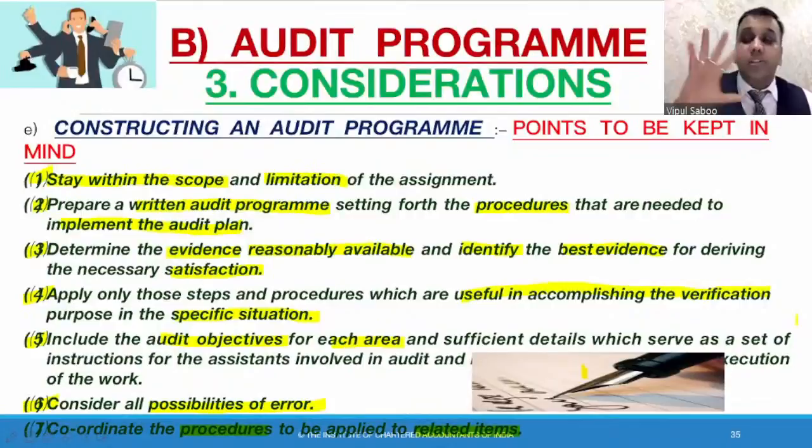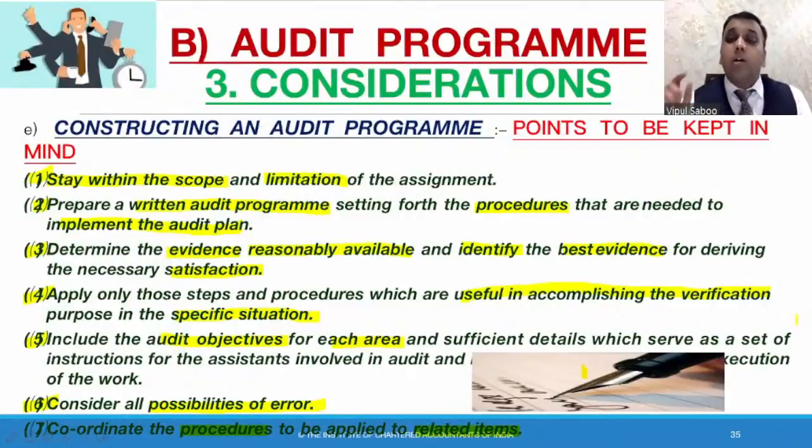So this is a question for you. For example, there is a question in the exam. HA and Company, or HAV and Associates, have been asked by SS Private Limited to conduct their statutory audit.